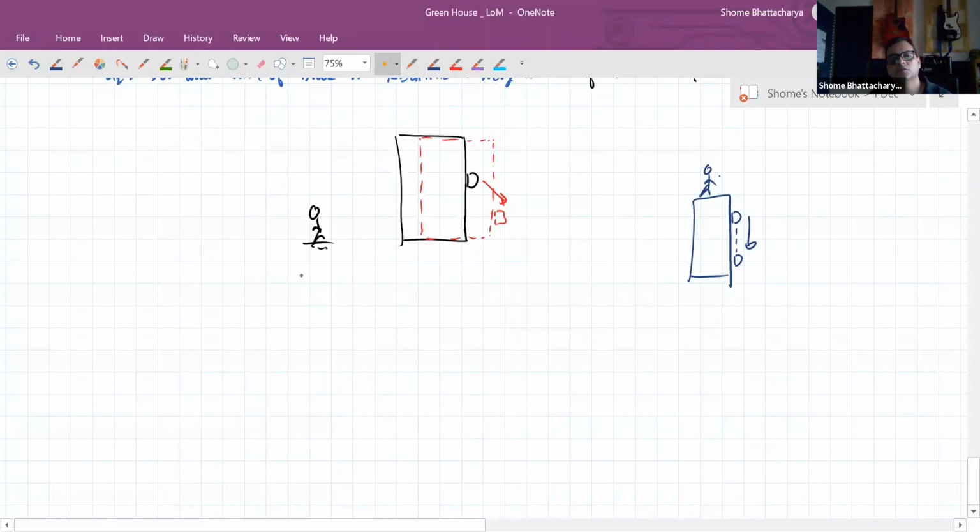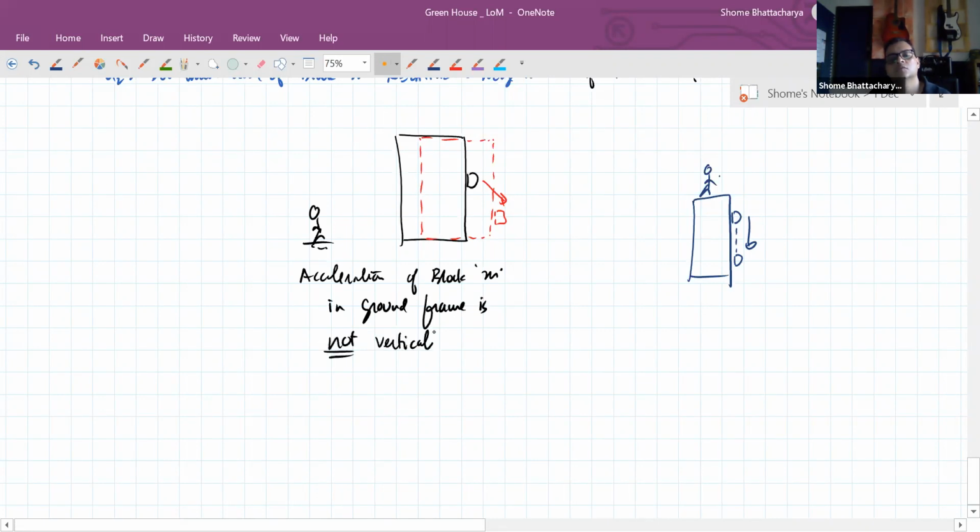Okay. So the acceleration of the block small m in ground frame is not vertically downwards.